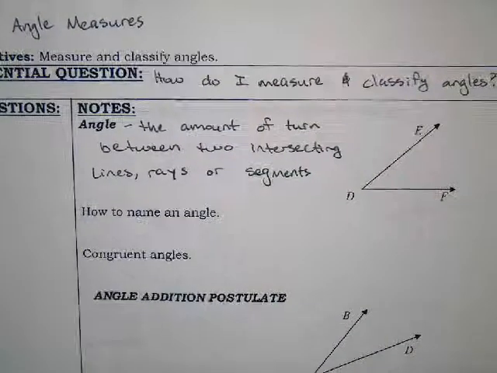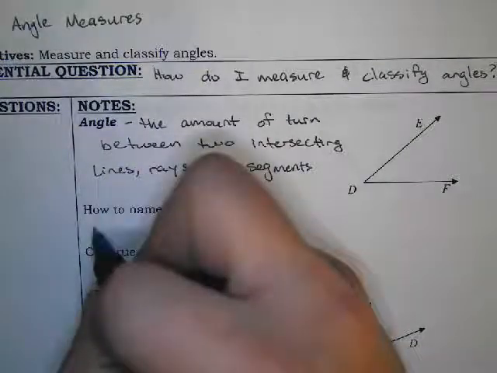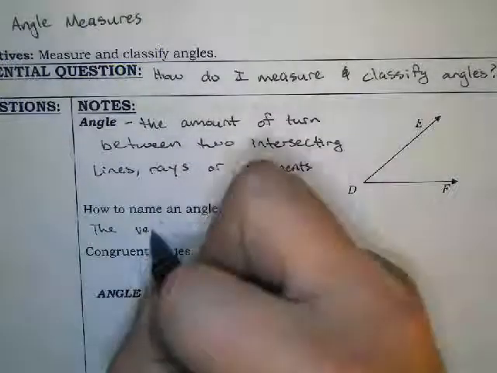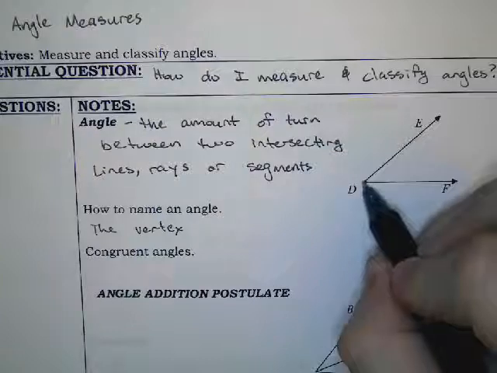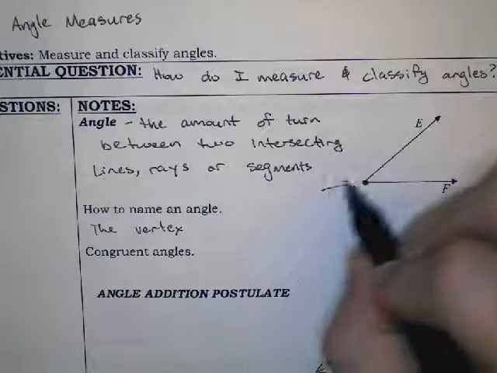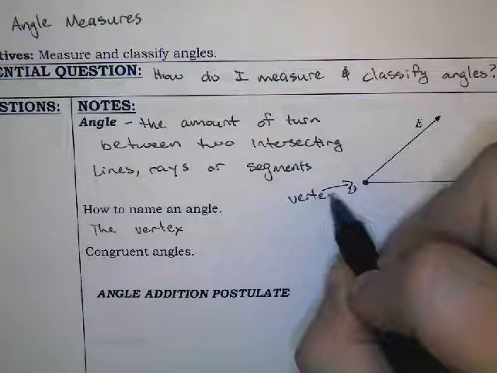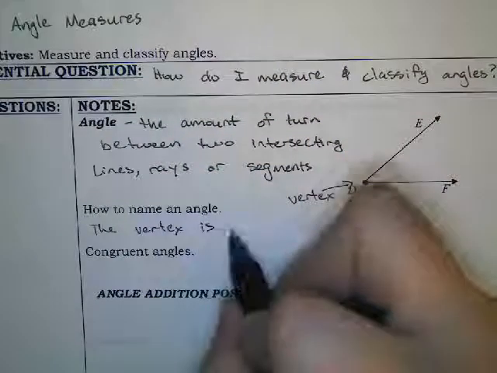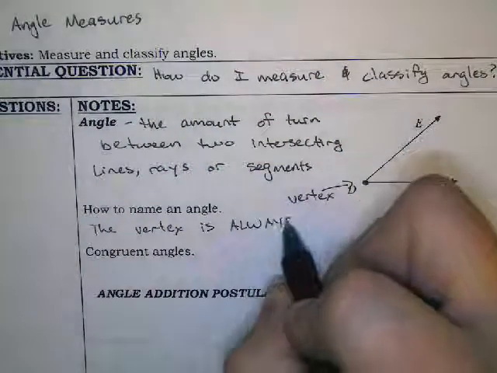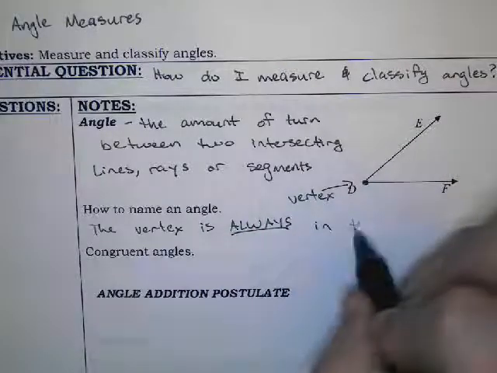Now, how we name an angle is the vertex, point D is the vertex, is always in the middle.